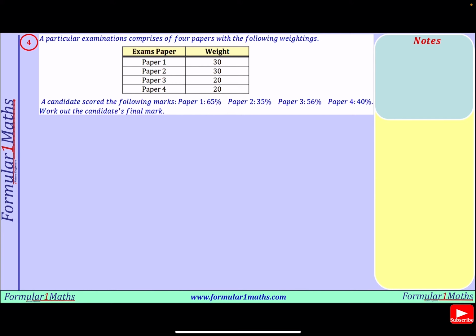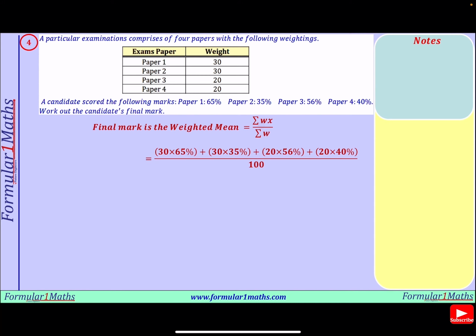So the final mark will be the weighted mean, which is given by this. So this means the score, which is x, times its weight. So for these scores, we have 65 times its weight, which is 30.